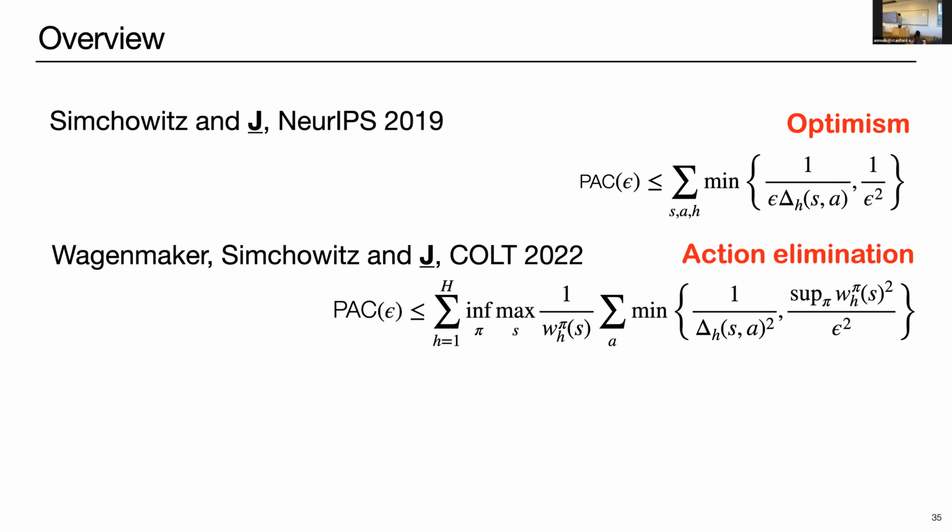Action elimination is doing the exact same thing, but it's doing it in a much greedier way. It's going all the way to the end time H, solving the problem there, and then moving backwards. Meaning it doesn't even care what's going on in the beginning stages until it's solved the last stage and then marches back forward. And so these are very, very different algorithms.